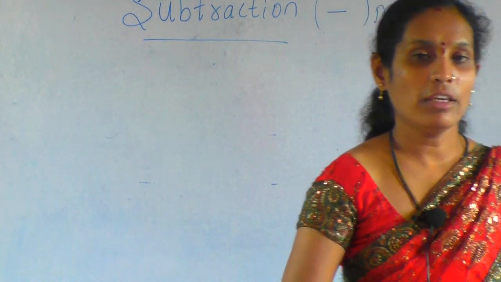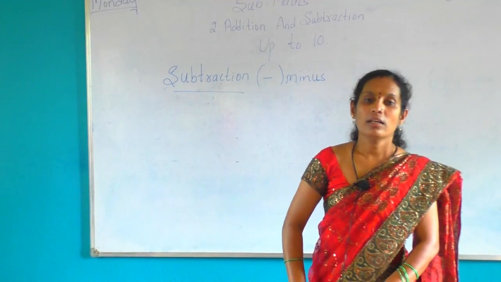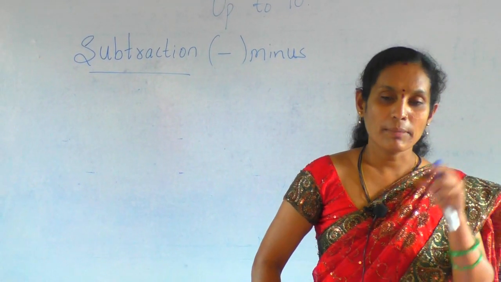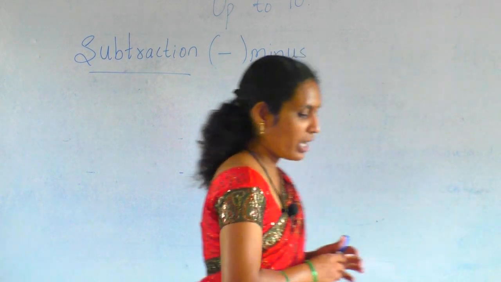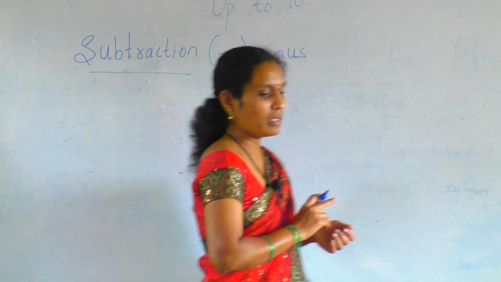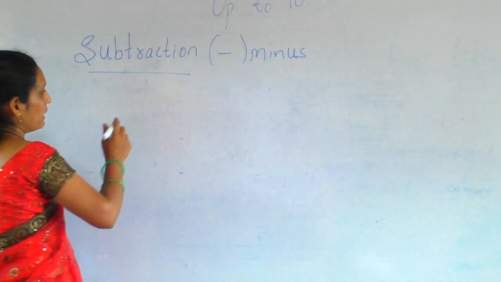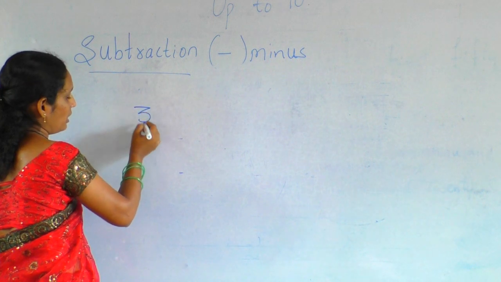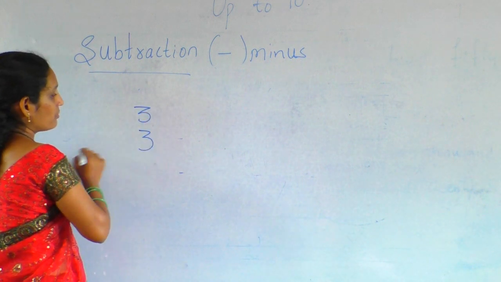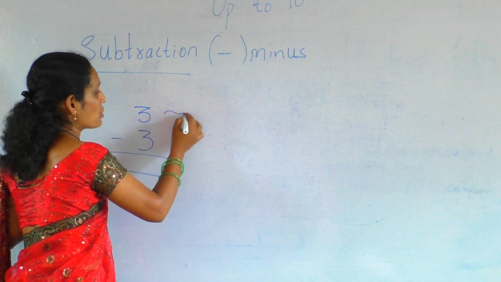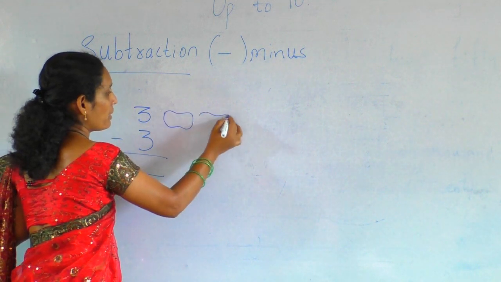Next, if the given number is 3, again subtraction: how do we subtract a number from the same number? See, subtracting the given number from itself. The given number is itself, the same number, 3 minus 3.